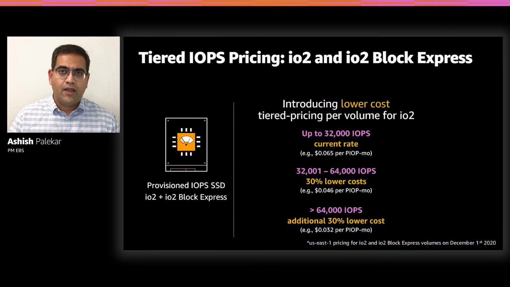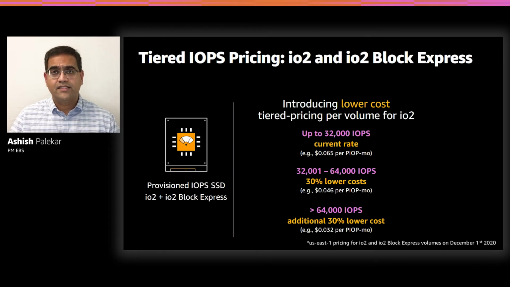But in launching IO2 Block Express, we took a look at our pricing structure for IO2 and IO2 Block Express. And what we did is lower the tiered pricing per volume for IO2. So up to 32,000 IOPS, you pay 6.5 cents per IOPS. But between 32,001 and 64,000, we reduced the cost 30% to get you to 0.046.